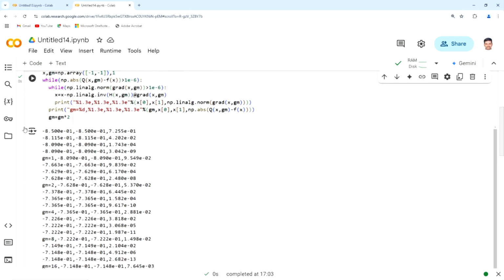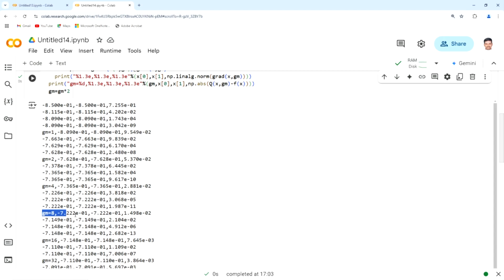So, you can see that we started with gamma 0 equal to 1, gamma 1 was equal to 2, gamma 2 was equal to 4, gamma 3 was equal to 8, and so on. Okay. So, gamma k is 2 power k.